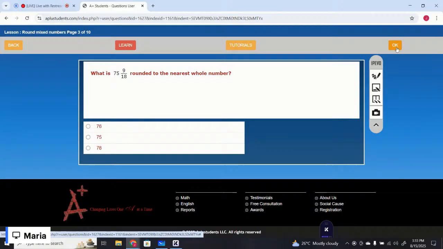So if it is exactly half, then 75 would be rounded up. It would be rounded to 76. Option number 1 is the correct option.